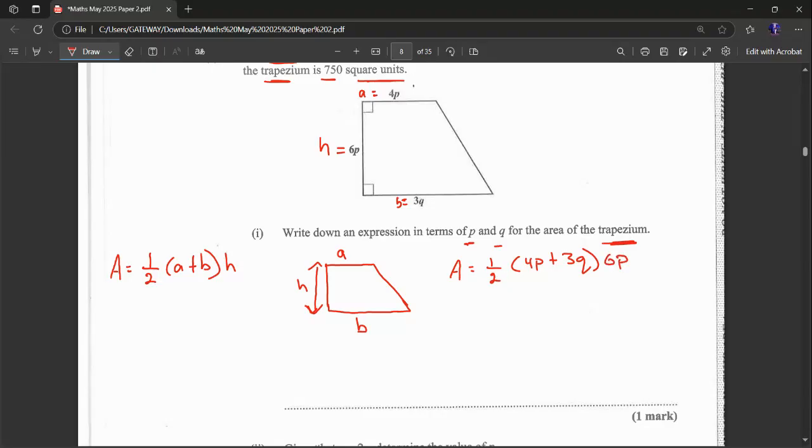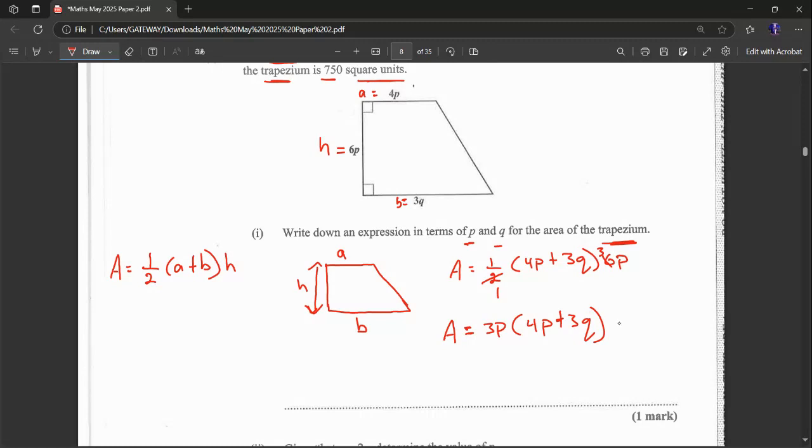Now I have a half here and I have 6P there, so I can say 2 into 2 is 1, 2 into 6 is 3. So therefore I have A is equal to, I can put the 3P first, times (4P plus 3Q). Because I was going to multiply the 4P plus 3Q by that 3P in any case, so I can just write that in front.